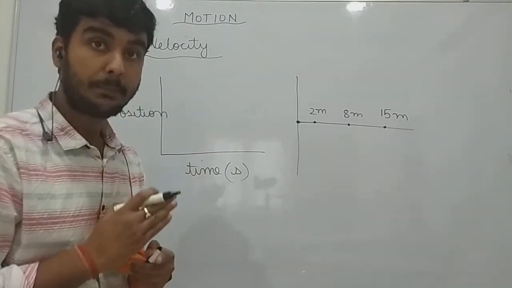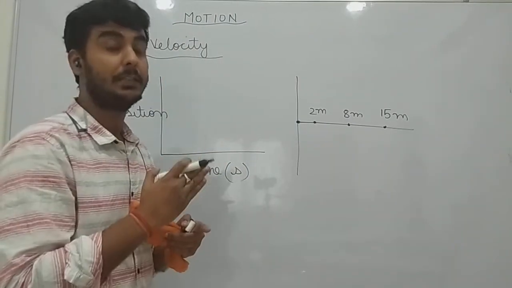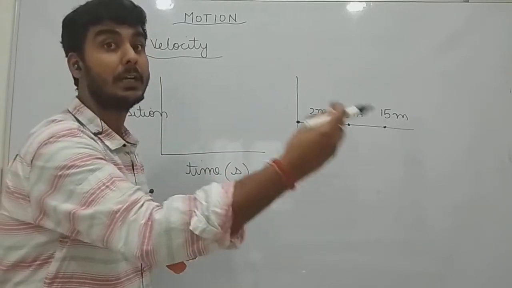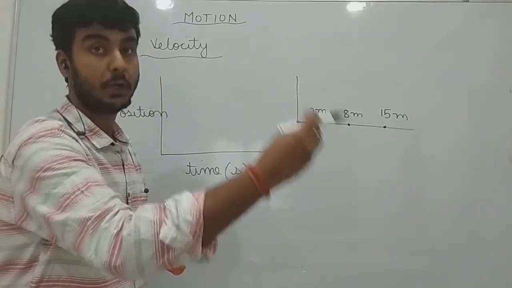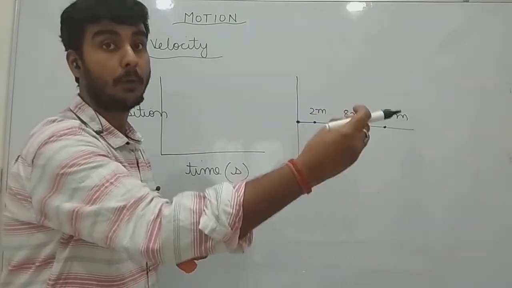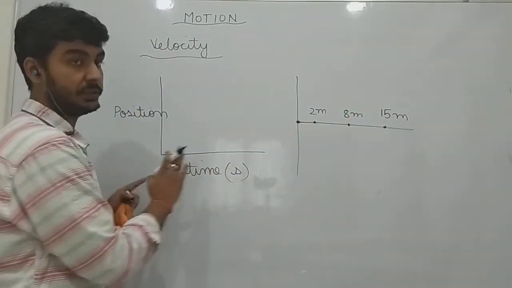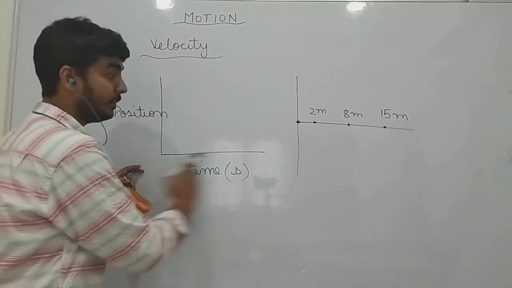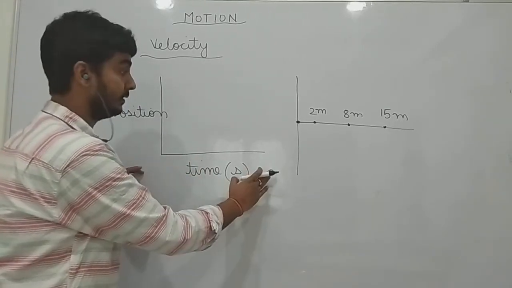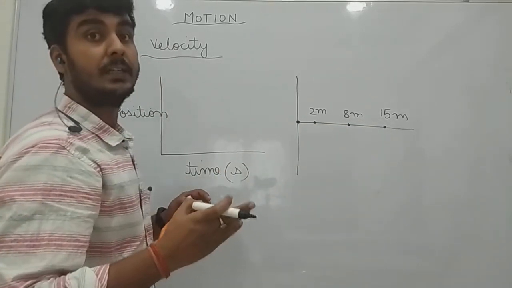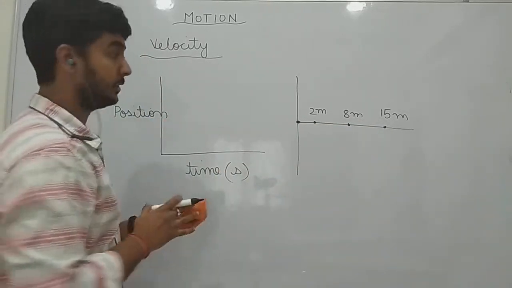So I am noting the time, and at that time, the location of the object from the starting point. This is given by the position time graph. You plot time on the x-axis, and these positions, 2 meters, 8 meters, 15 meters, on the y-axis.